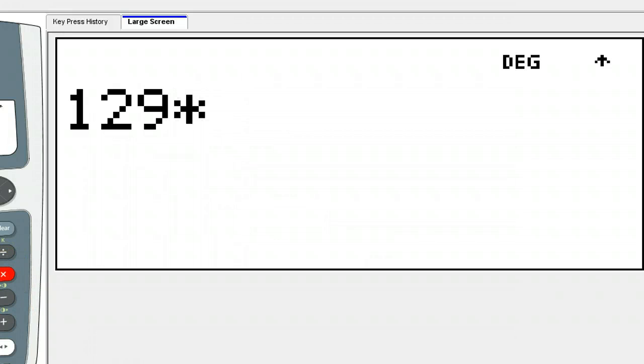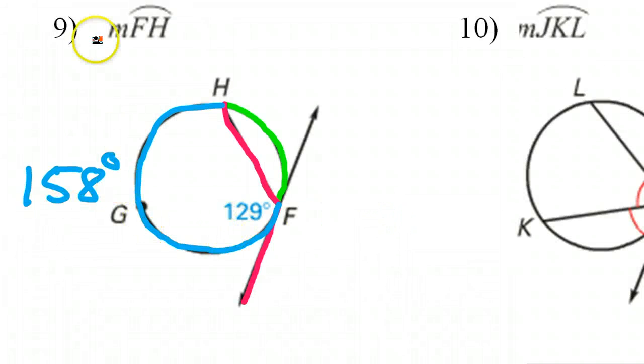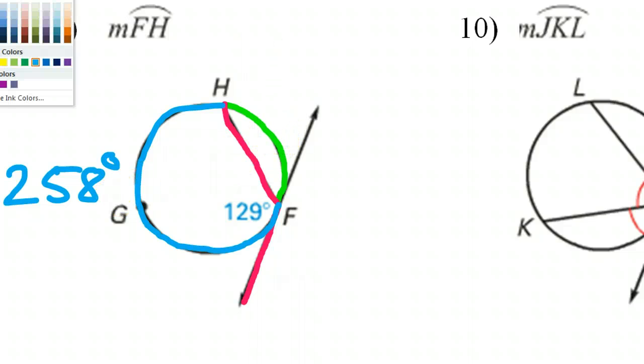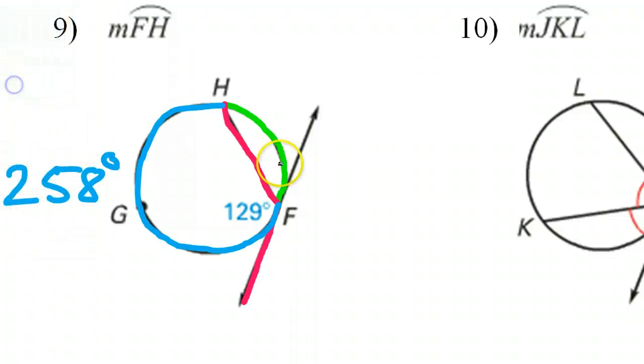129 times 2. 258. Did I say 158? Yeah, that was silly. I meant 258, of course. So that's the blue arc. So how do I find the green arc? I subtract from 360.